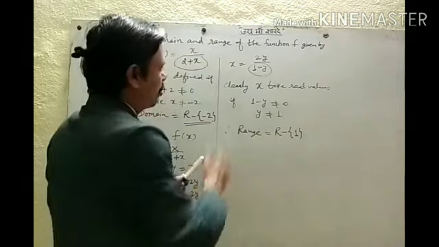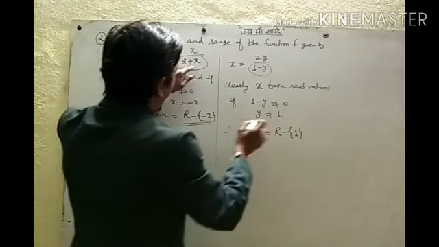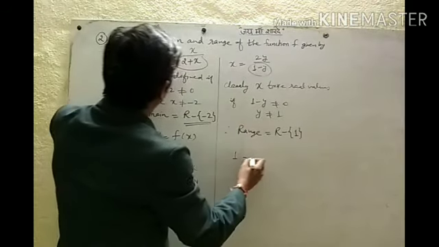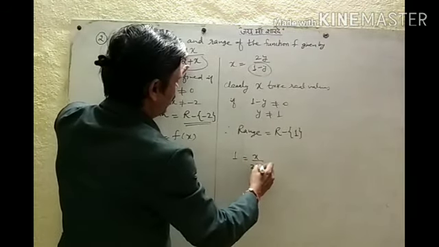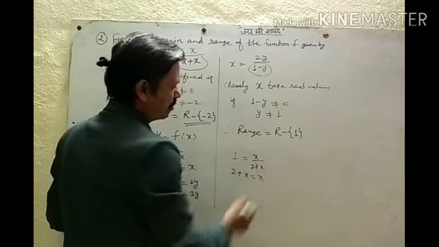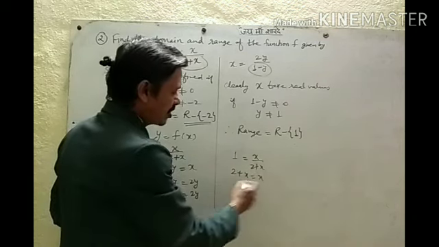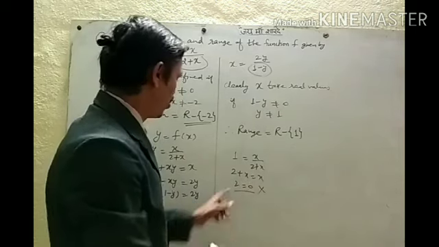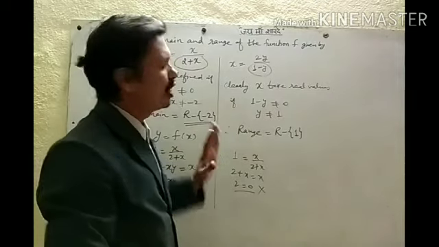Okay. One more thing we can see. If we take the value of f of x as 1, means y is 1, what will happen? If we take 1 equal to x upon 2 plus x, then 2 plus x equal to x by cross multiplication. So x cancels out, then you get 2 equal to 0, which is not possible. 2 cannot be 0. It means y cannot be 1.